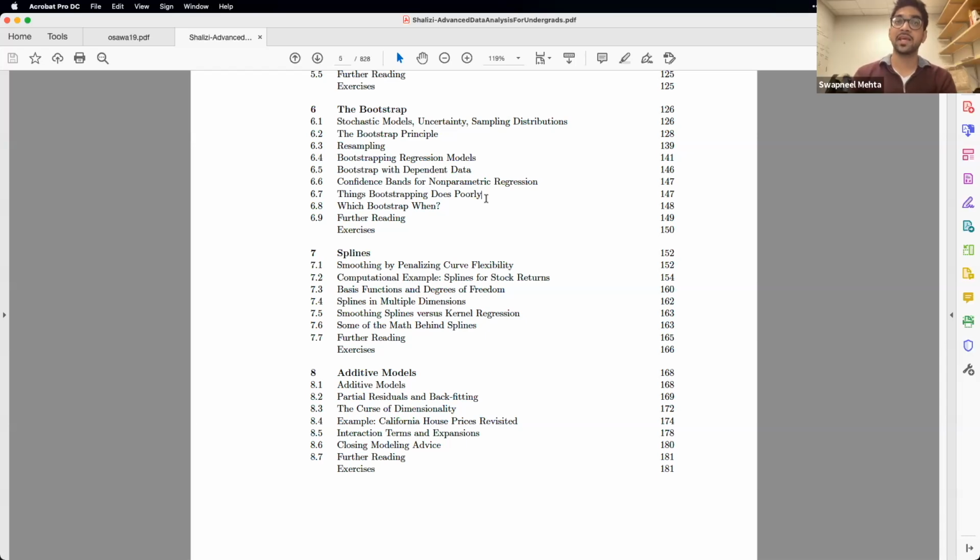So if I'm flipping a coin 500 times, and if I flip a heads, I give you 1 rupee, and if I flip a tails, you give me 1 rupee.